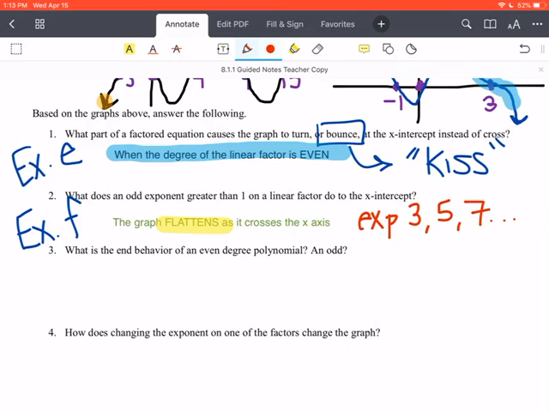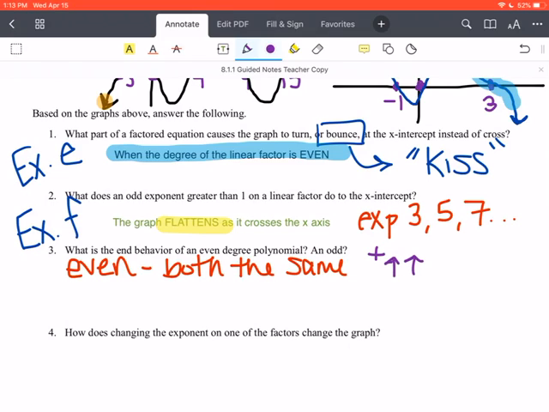Okay, so what is the end behavior of an even degree polynomial? If we have an even degree polynomial, we know that both ends are going to be the same. I think I said this on the last slide: if it's positive, just like x squared, we are going to have up, up.